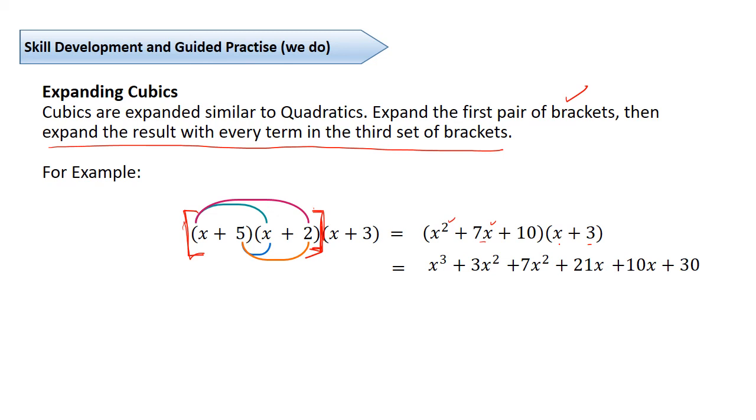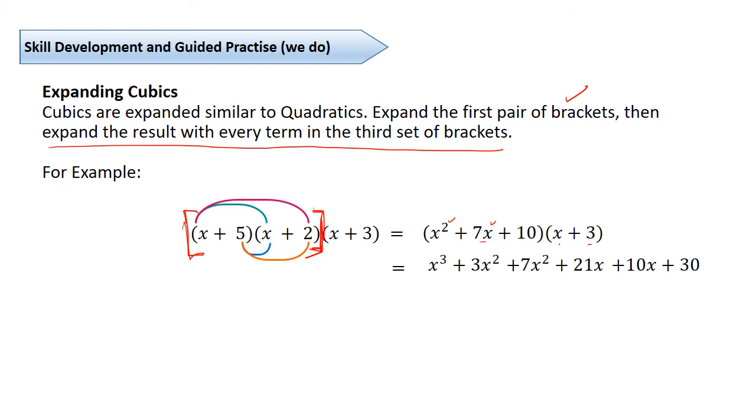Now, like always, we do need to simplify. This might be a little bit tricky. We do need to be on the lookout for some more like terms. So we are comparing our powers, because the powers determine what terms are like each other. This x cubed, well, there's no other x cubed terms, so x cubed is not like any other term in here, so it's going to stay at the front by itself.